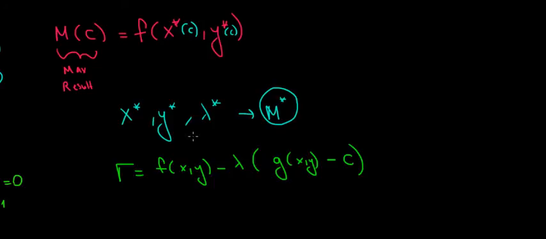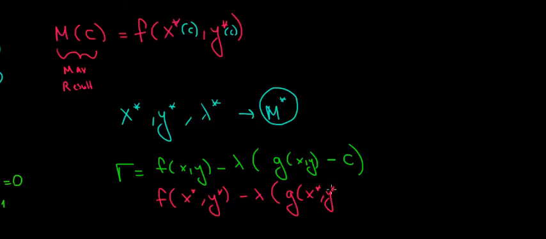Well, if we have the optimal values, then we would have a function that depends on the optimal values. We would have f that depends on x at the optimal and y at the optimal, minus lambda times g of x at the optimal, y at the optimal, minus the constant.